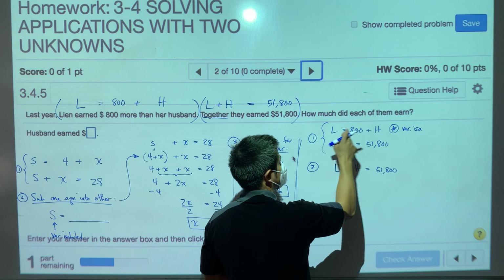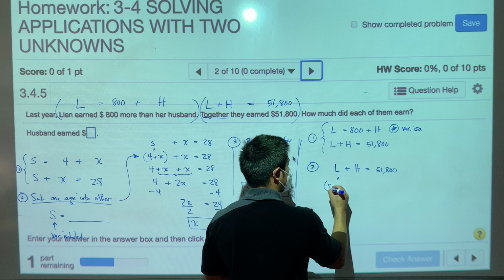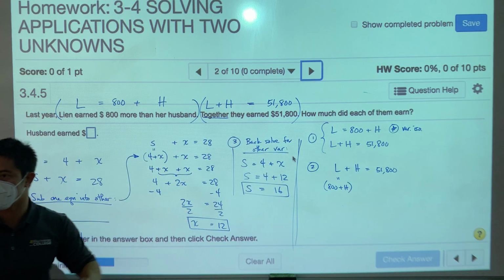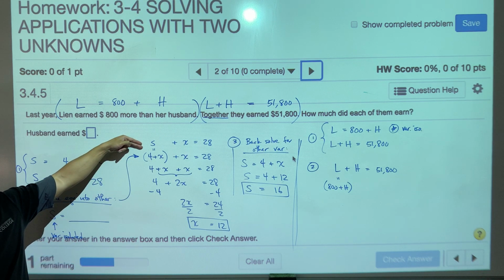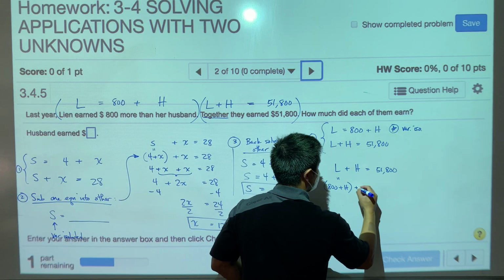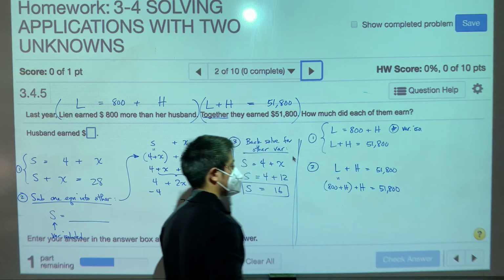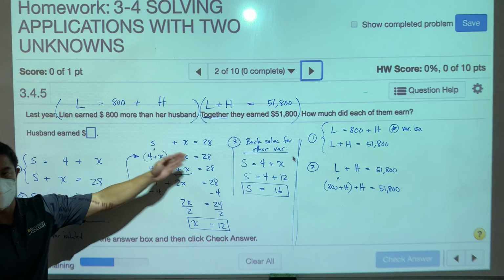L is equivalent to 800 plus H. Look at my substitution. There it is. Just like I did over here in the previous problem. And so now I'm ready to go solve for one of the variables. You see how they're very similar?